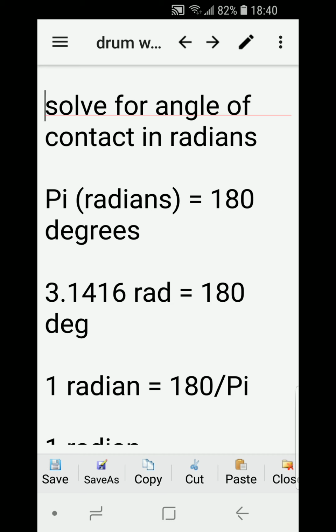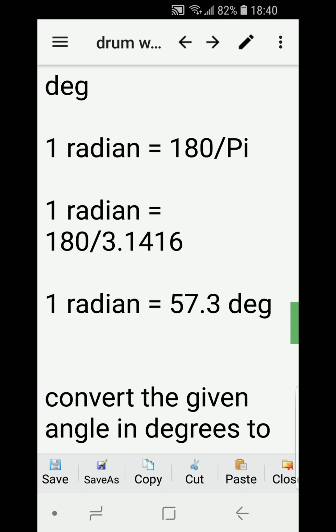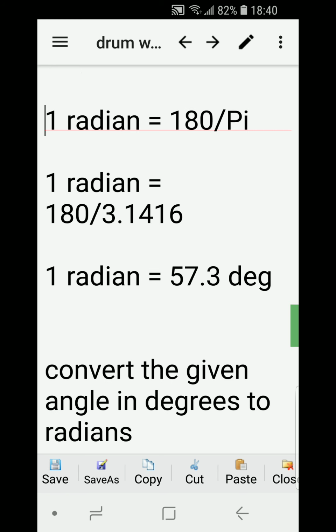We need to solve for the value of 1 radian, in which case we're just going to divide 180 divided by pi. So we get 1 radian is equal to 180 divided by 3.1416. 1 radian is equal to 57.3 degrees.